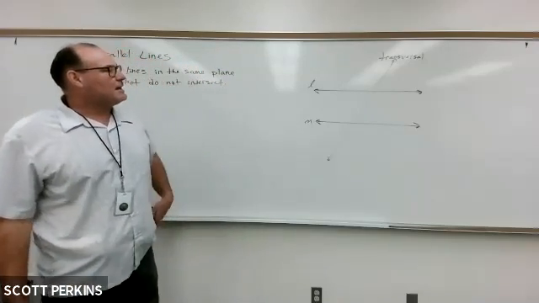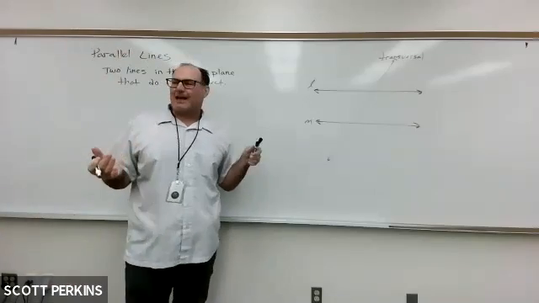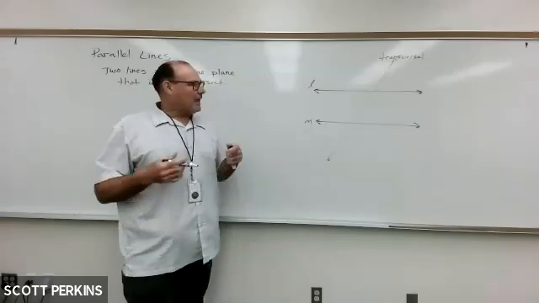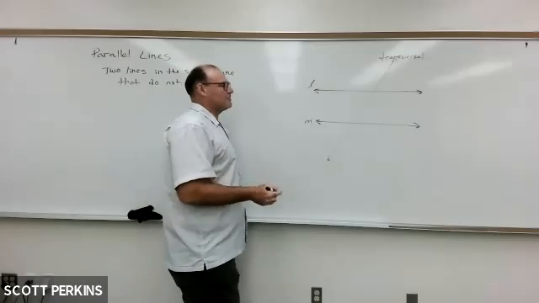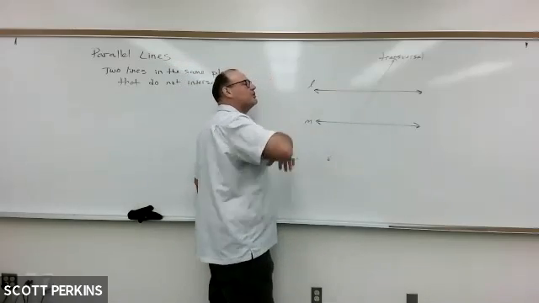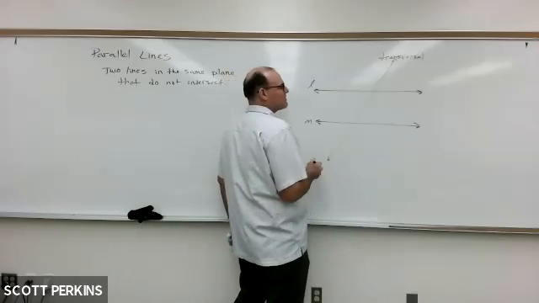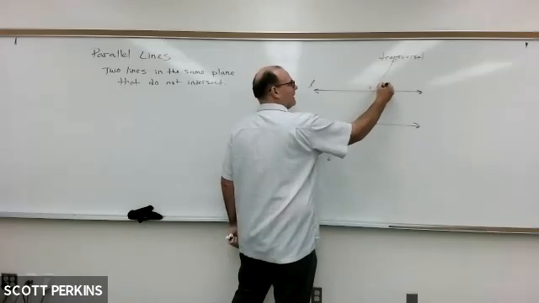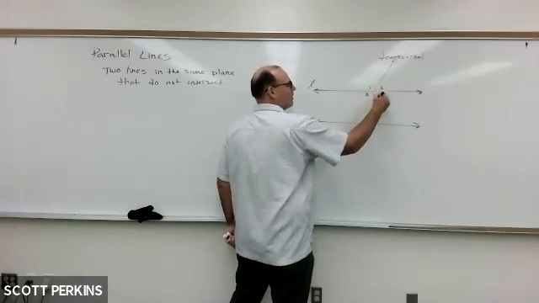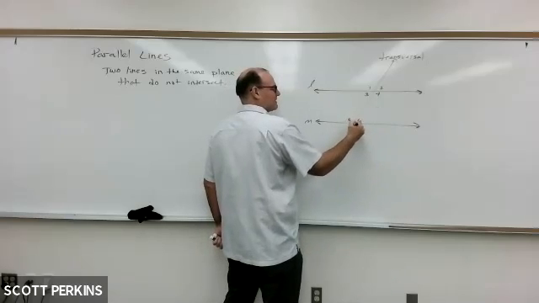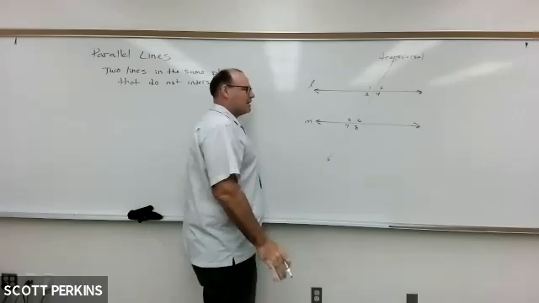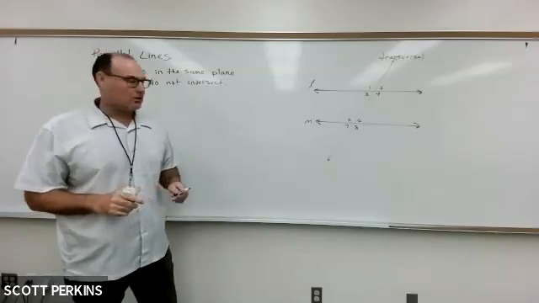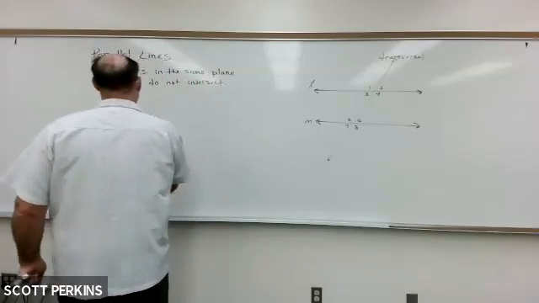What I've created is several pairs of angles that have a relationship since the lines are parallel, and we're going to focus on those relationships. So that we can easily refer to all of these angles, I'm going to number them. I'll start at the top with 1, 2, 3, 4, and then 5, 6, 7, 8, so we can refer to them quickly.